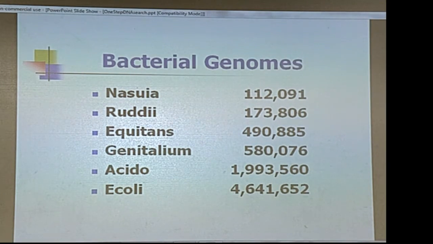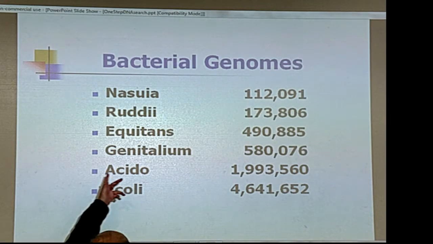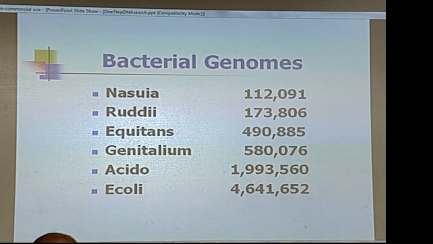These others are freestanding bacteria. They can live by themselves, but of course they seek the best environment for their existence, and most of the time it's the human body. And E. coli and lots of others.